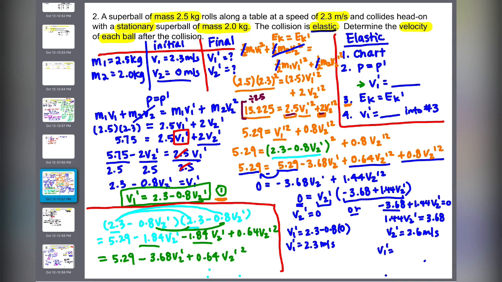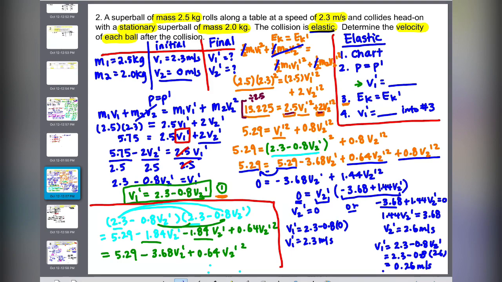Find out what v1 prime is using equation 1: 2.3 minus 0.8 times 2.6, whatever the answer was. So it's 0.26 meters per second. I'm just going to double check. Minus 0.8 times, yep, 0.2. Oh, that's way off. Did you get 0.26? If you didn't round, can you double check for me?